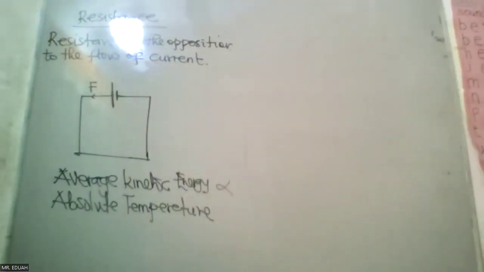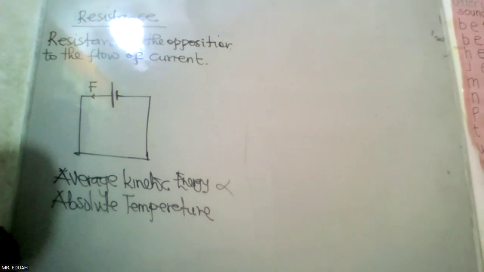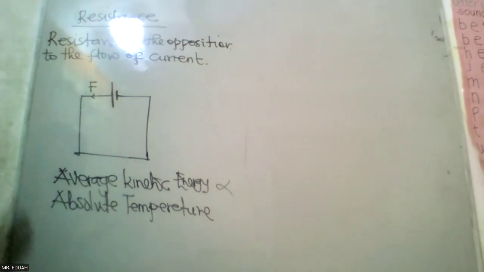Different materials or conductors offer specific resistance to the flow of current. This specific resistance they offer is what we term as resistivity.